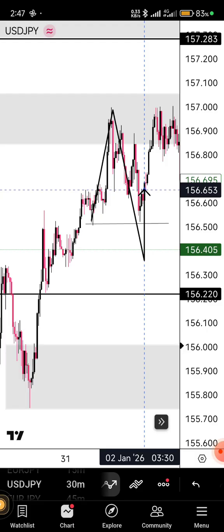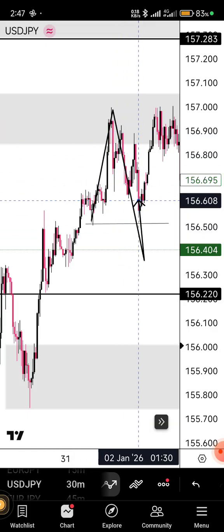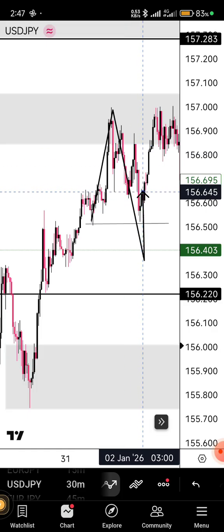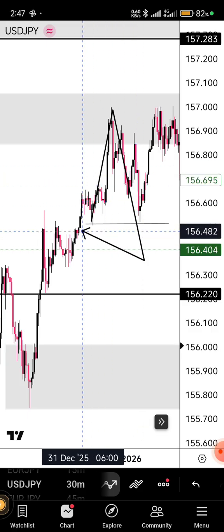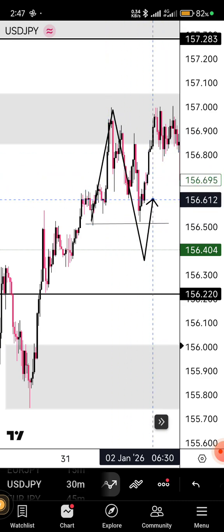The key level must be at this side of the market, not at this side. You switch to 2 hours, 3 hours, even 4 hours, any key level there that has been established, as long as this structure has been broken, that's your key level for entry. That's the simple way to enter. No sugarcoating.